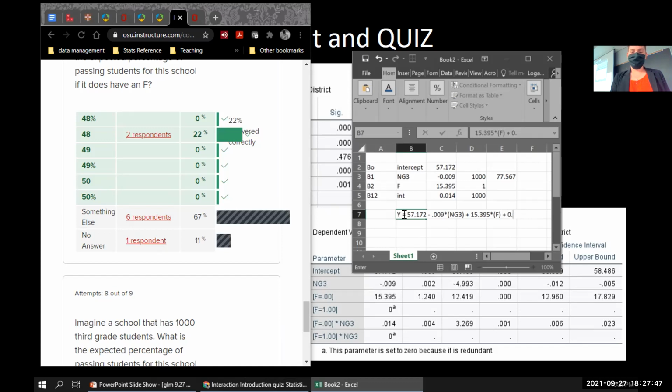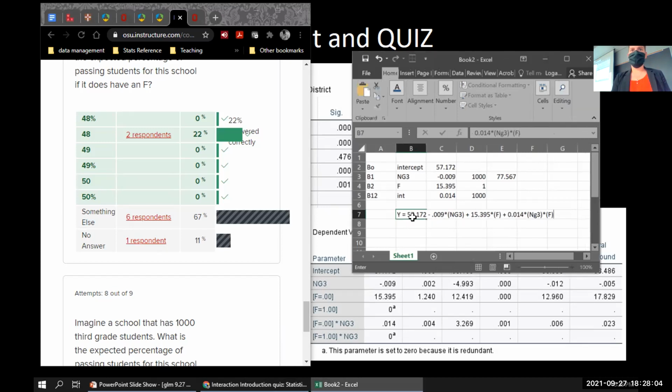Oh, thank you. 0.14 times what the size of the school is times whether they're in a failing school. Okay, there's my math.